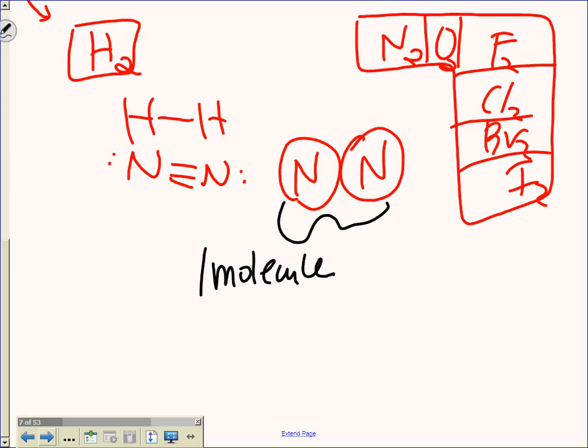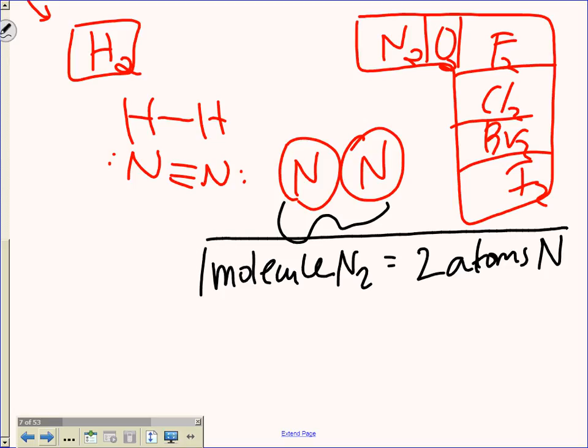Because it's covalent. 1 molecule of N2. How many atoms of nitrogen are in that? Say again? 2. This is an equivalency that I can see from a picture. 1 molecule of diatomic nitrogen is equivalent to, or contains, 2 atoms of just plain old elemental nitrogen. So we can start to make our own equivalencies based on how things look because we've drawn our structures so much now. Okay, so keep that in the back of your mind.